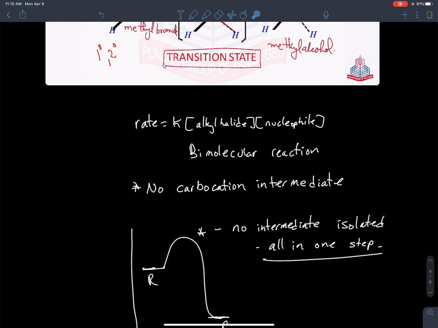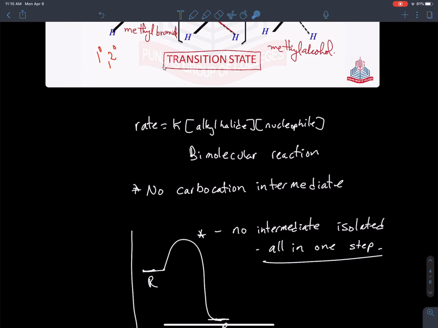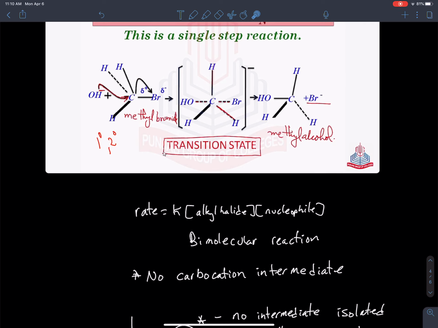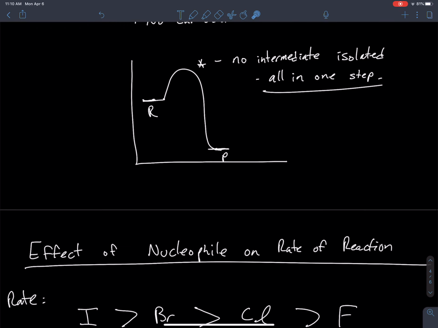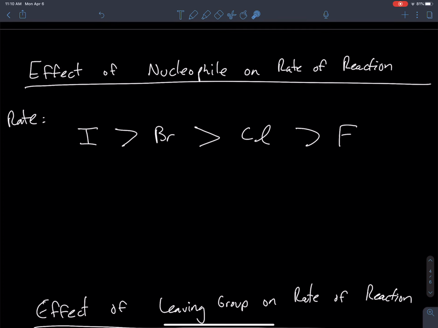If I was to look at the energetics of the reaction, it all happens in one step with no intermediate isolated. When we talk about some interesting isomers called stereoisomers or chiral isomers, we're going to come back to this because you're going to see that there's a very unique situation that happens between SN2 and SN1 reactions.